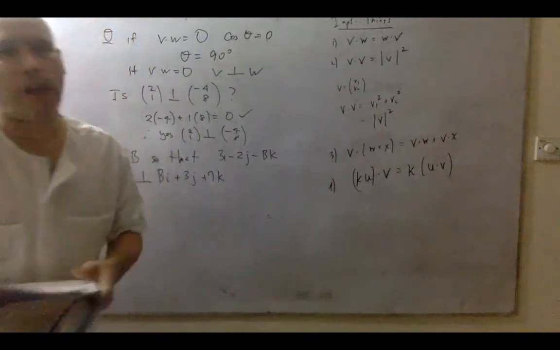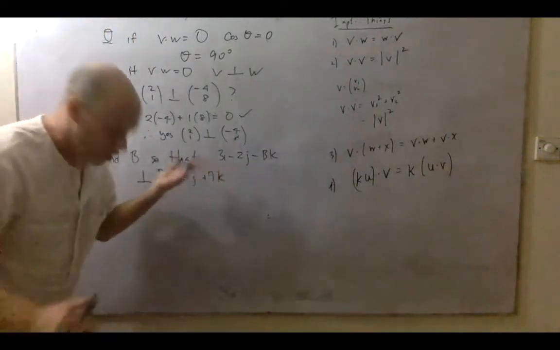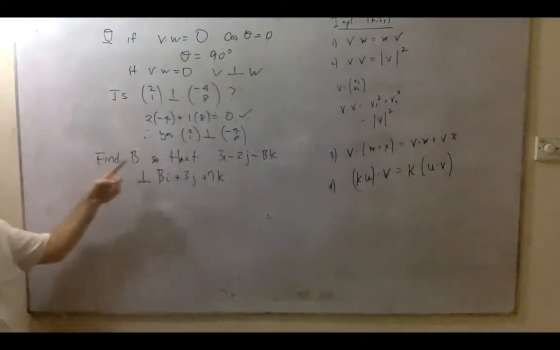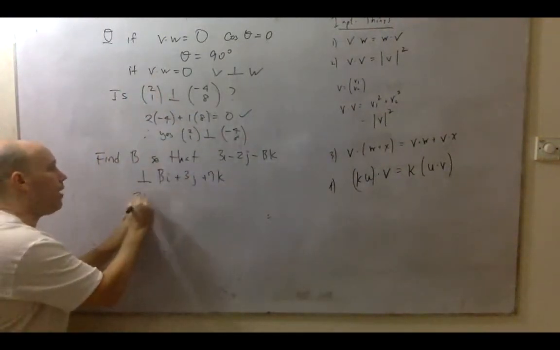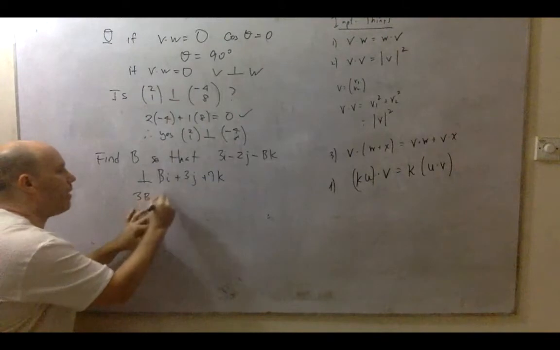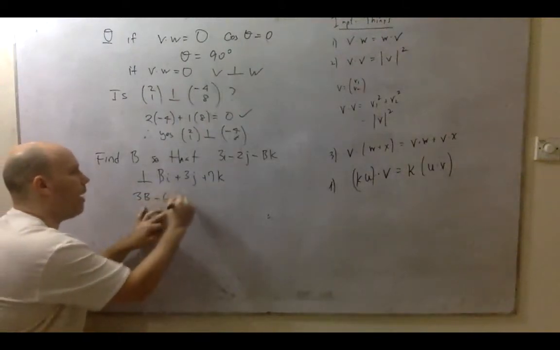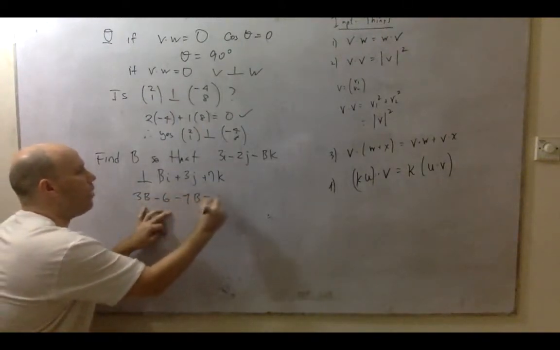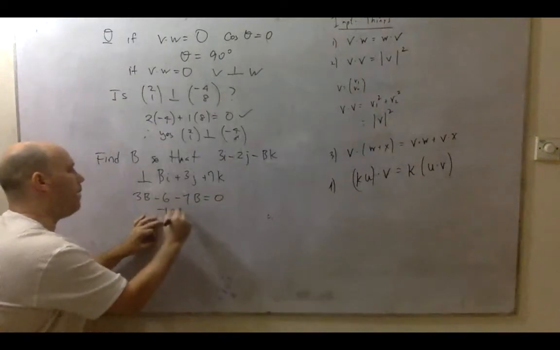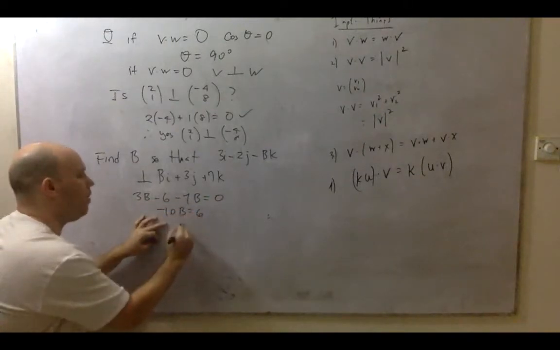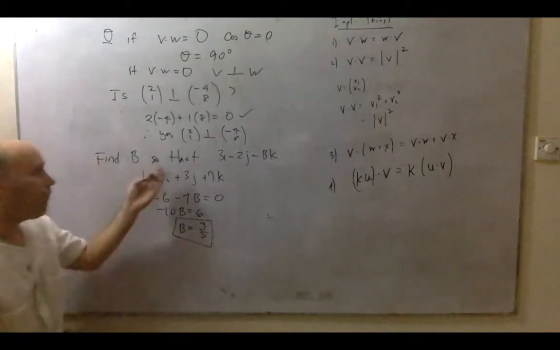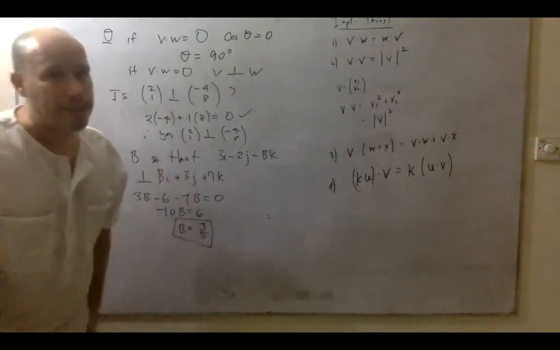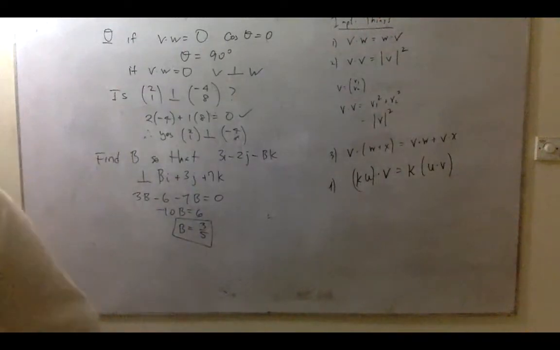So it's an algebra problem. You have to know this property. If they're perpendicular, the dot product is 0. So you just set it up: 3b minus 6 minus 7b equals 0. Negative 4b equals 6... so b equals 3 over 5. So when b is 3 over 5, these two vectors are perpendicular to each other.